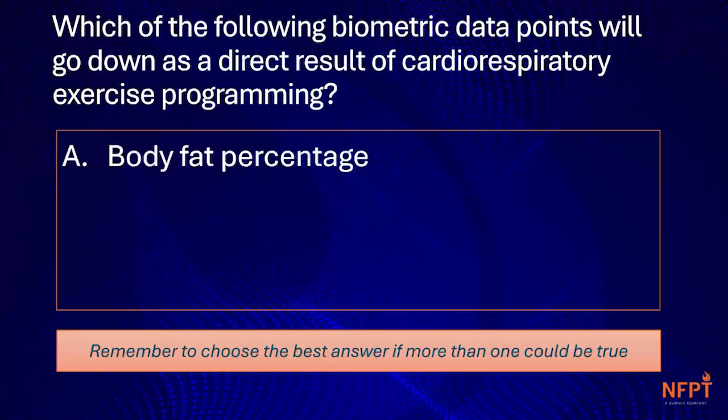If we look at answer option A, it's body fat percentage. And we do know that one of the benefits of cardio is that it can help in body composition improvements, which would mean decreasing the body fat percentage. So you might be inclined to say yes, but we want to go through all of our answer options always before selecting the best answer.